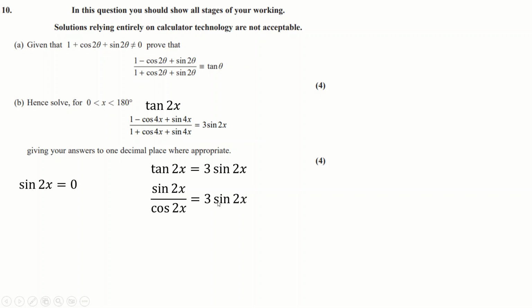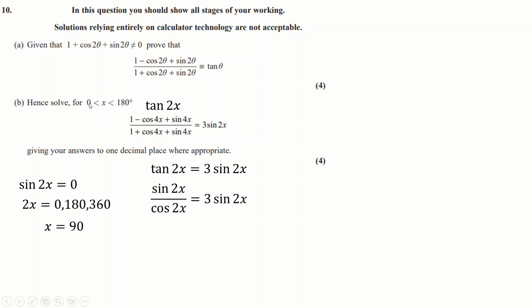Now just be careful here. If you divide both sides by sine 2x, that's fine, unless sine 2x is 0. And sine of x is 0 at 0, 180, and 360. So sine 2x is 0 when 2x is equal to those things, which divide by 2 means you get the answers of 0, 90, and 180.